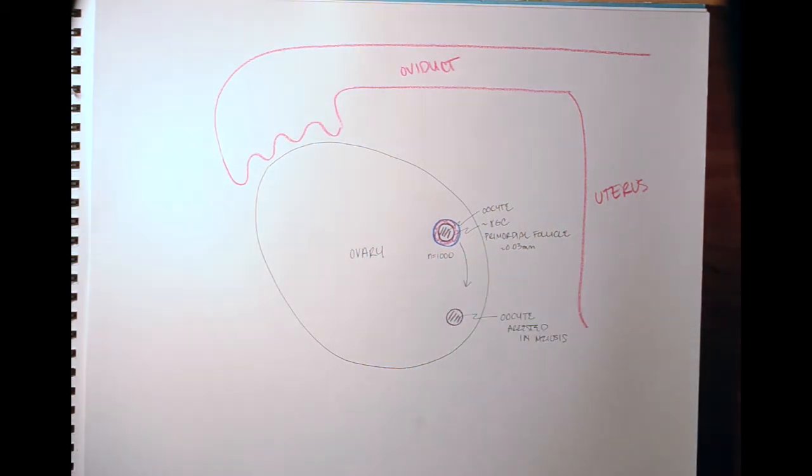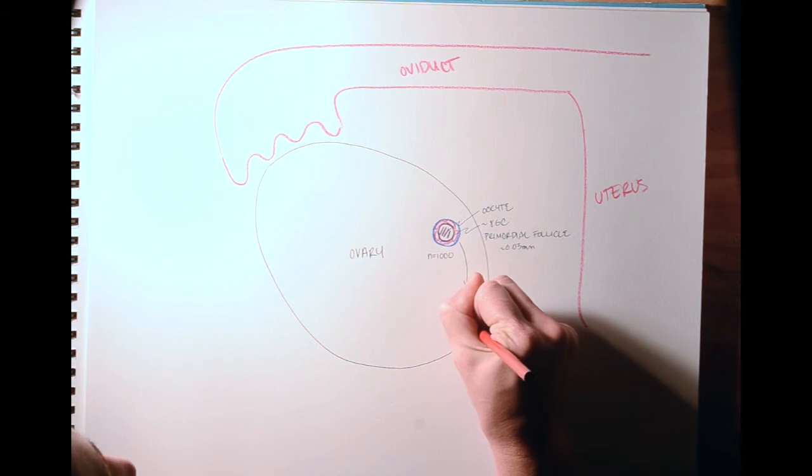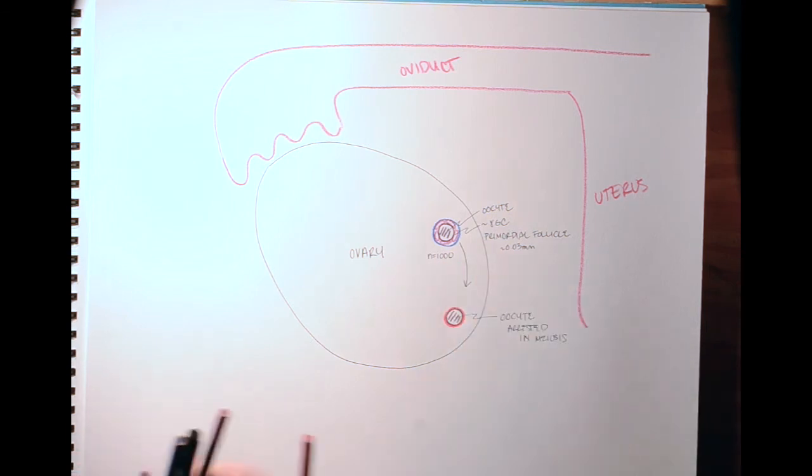So what we see is basically the appearance of a structure called the zona pellucida, which surrounds the oocyte at this first stage.